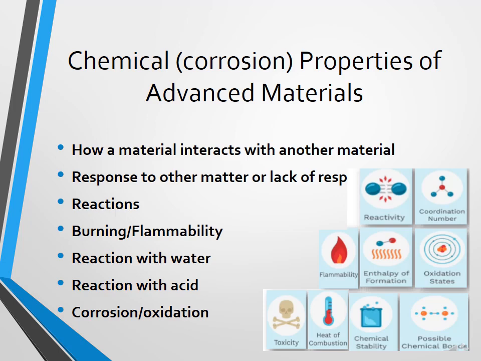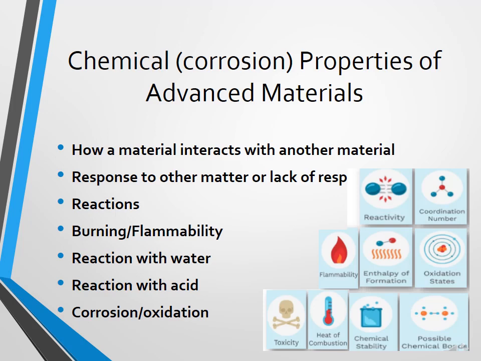We can take the example that in our laboratory we have certain solvents that easily catch fire, and mostly these are organic solvents, which catch fire easily due to their chemical properties. The chemical properties also include the reactivity of the substances, their coordination number, the enthalpy of formation, and also how toxic a substance is, that is, how it affects other substances. These all are included in the chemical properties of the substances.